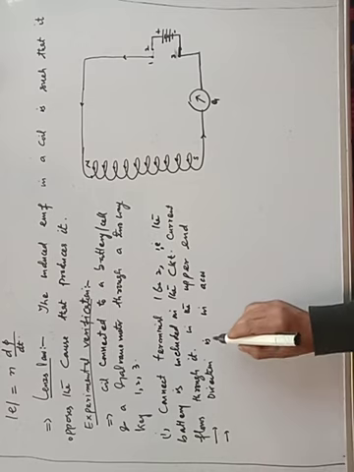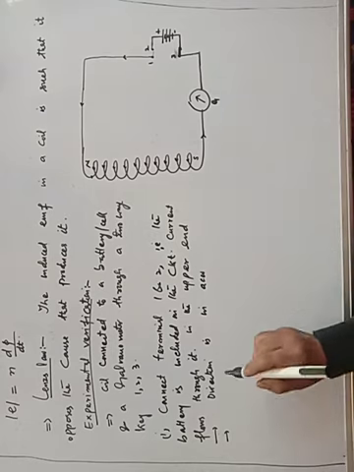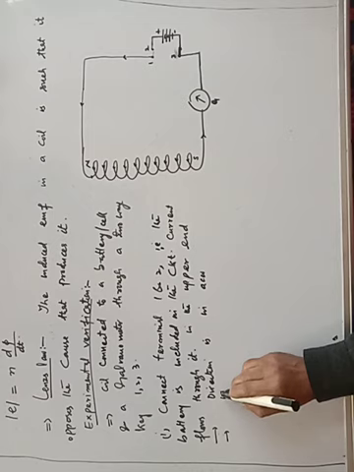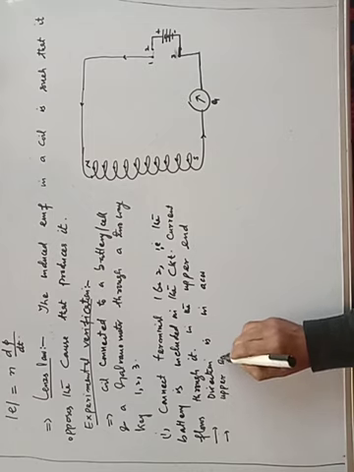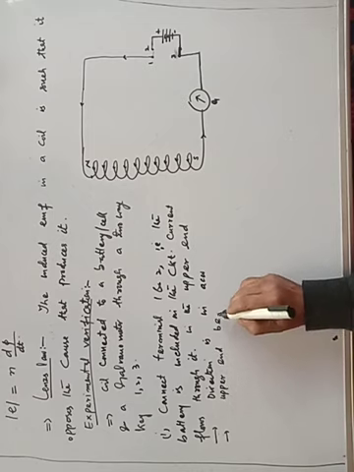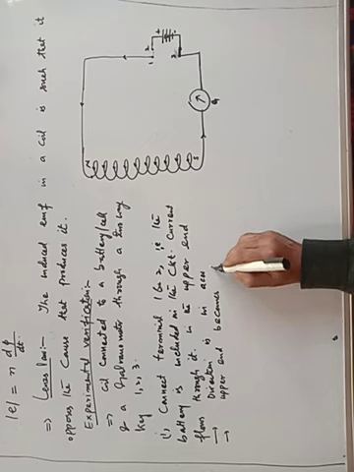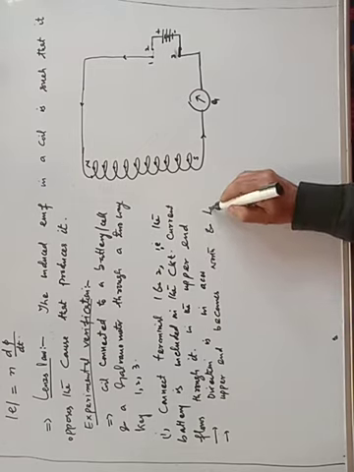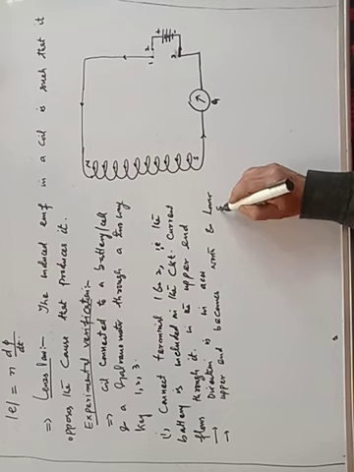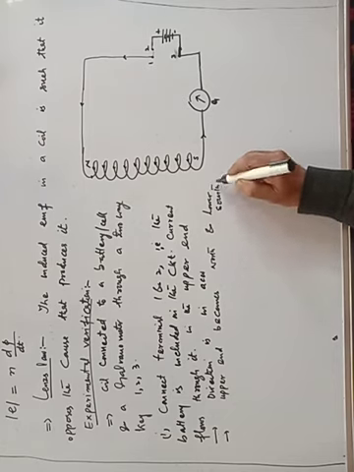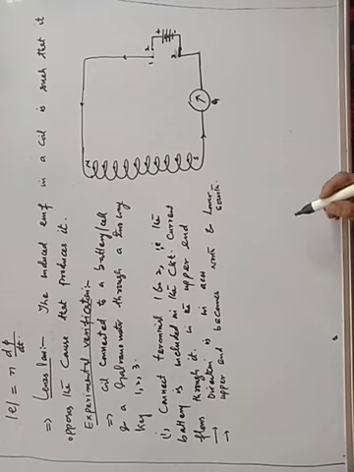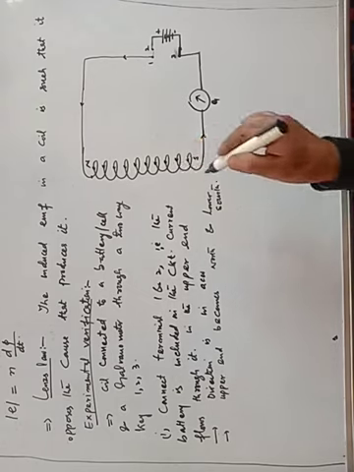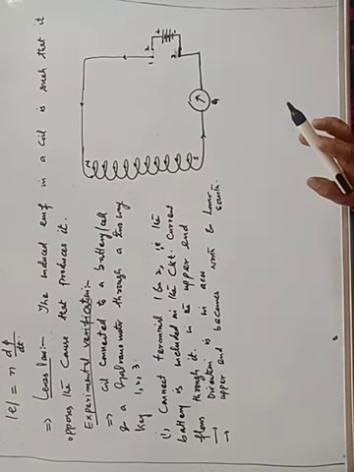So this will become north and this will become south. So upper end becomes north, right? And lower south. That is, the coil behaves as a magnet. जैसा कि आप जानते हो, आपने पढ़ा भी है, ये solenoid है. It becomes a magnet.